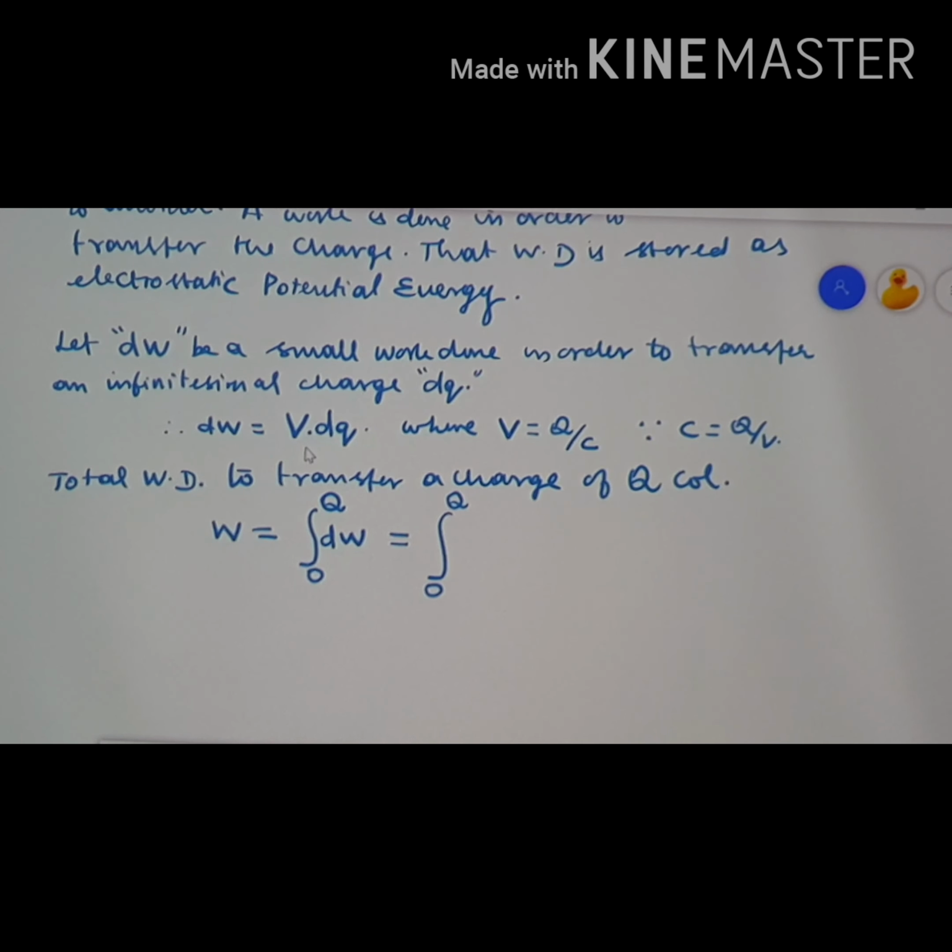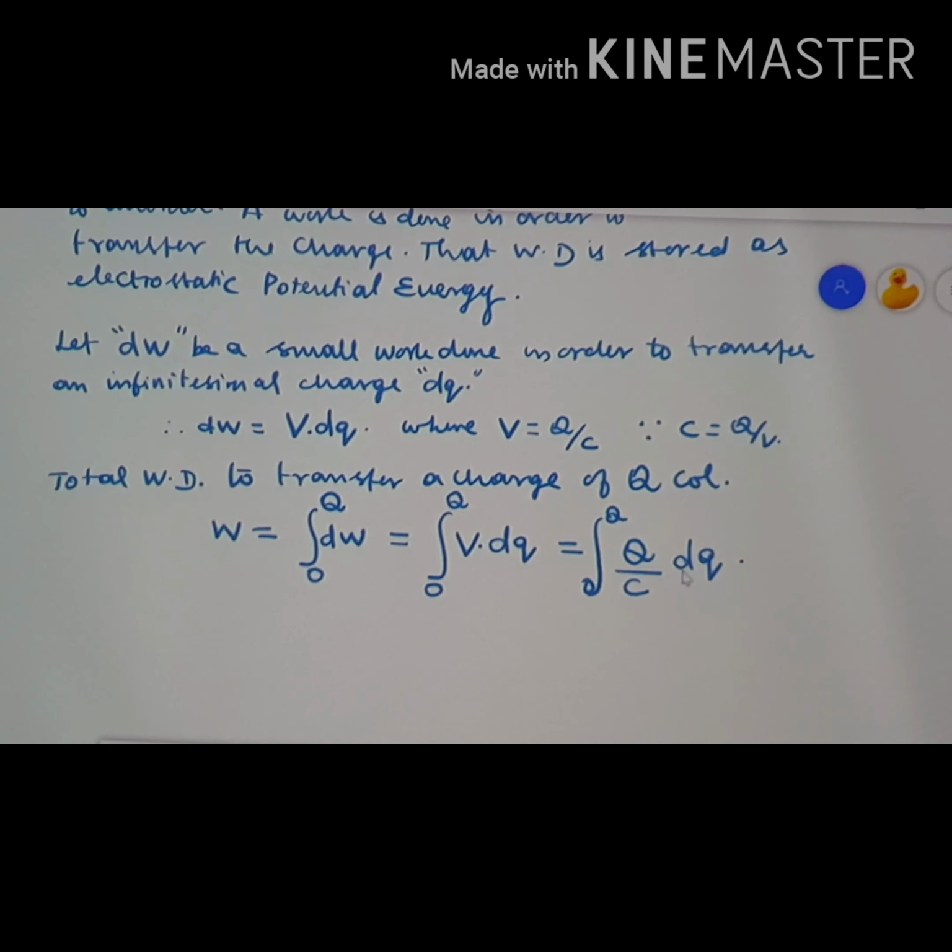In the previous equation we considered dW as V into dq, with small q. Which is equal to, again, the integral from 0 to Q. Here I have written V is equal to q by C, so I can write q divided by C into dq.